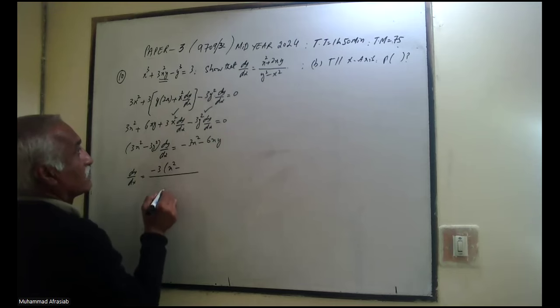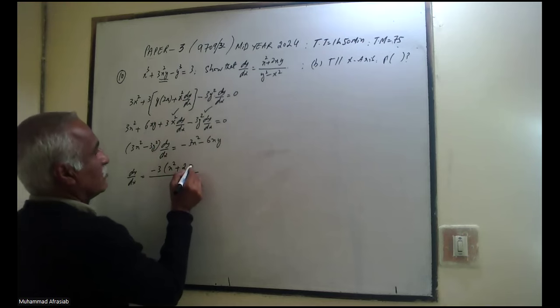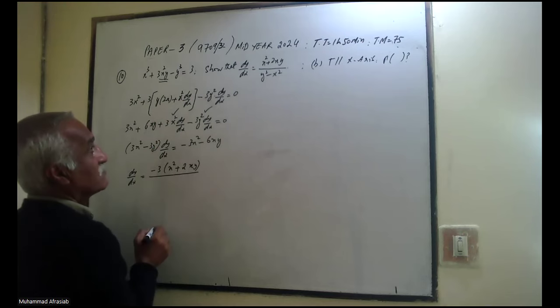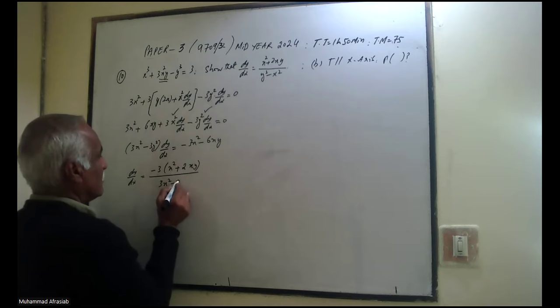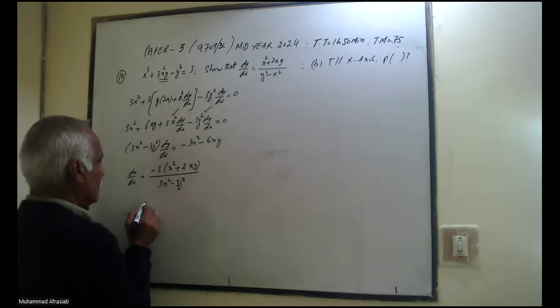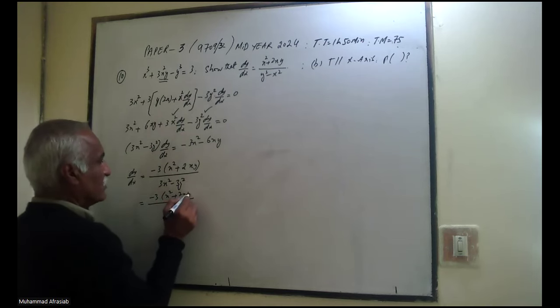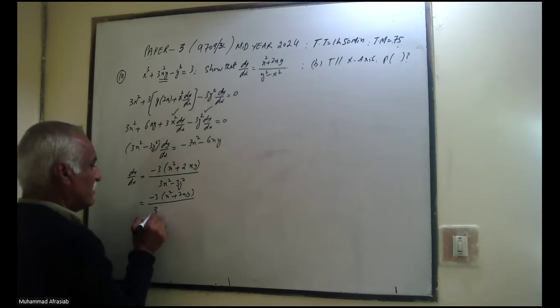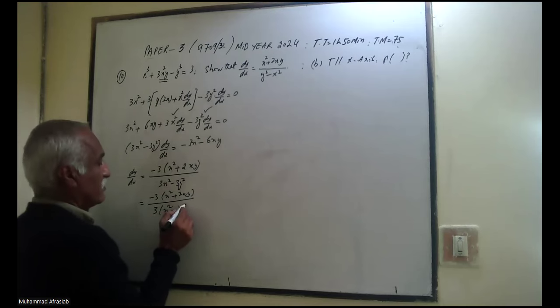So it should be x square plus 2xy divided by 3x square minus 3y square. So this will become minus 3 into x square plus 2xy, divided by 3 is common, it is x square minus y square.